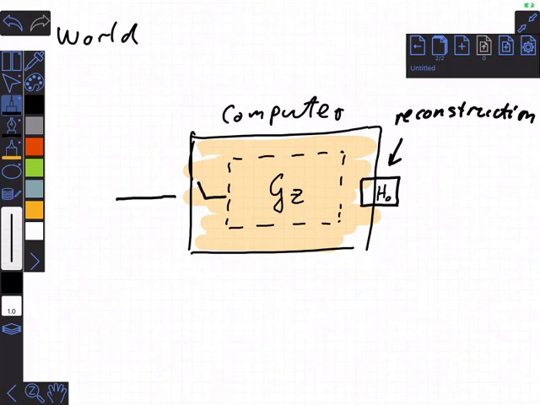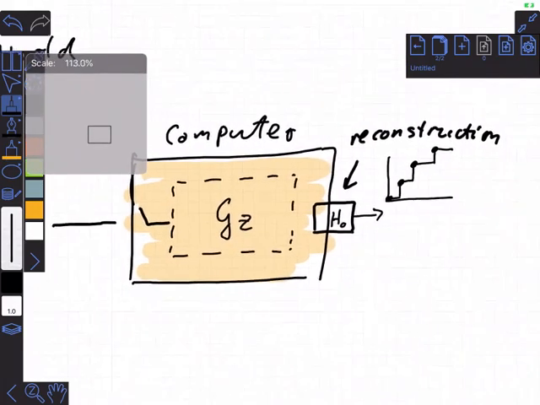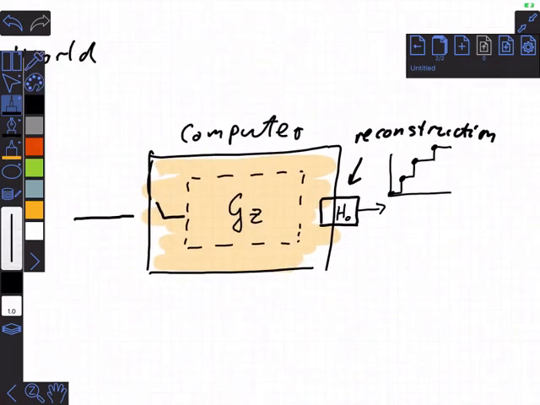And we will then, in order to make that something that operates in the real world, the thing that comes out of this zero-order hold will be this classic stair-step kind of function where we are reconstructing by simply taking the last value, or we're taking that value that the discrete system outputted, and we're holding it. So zero-order holds are very easy to implement.